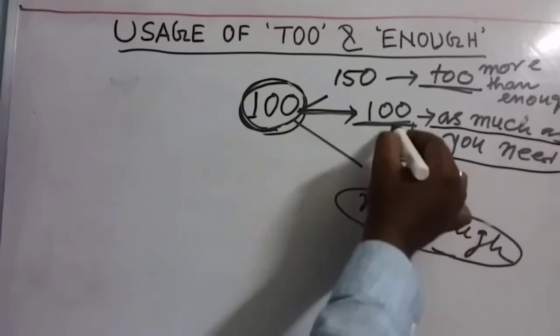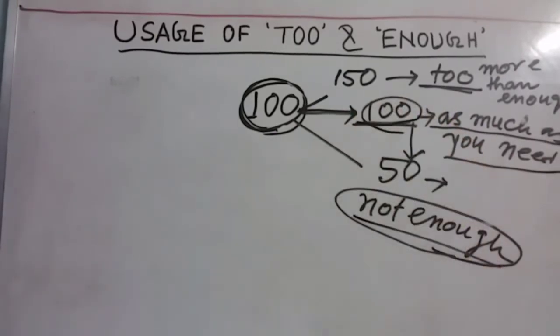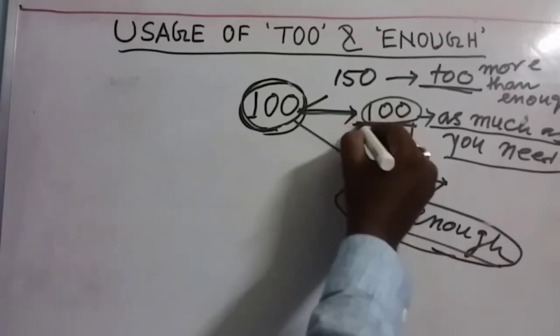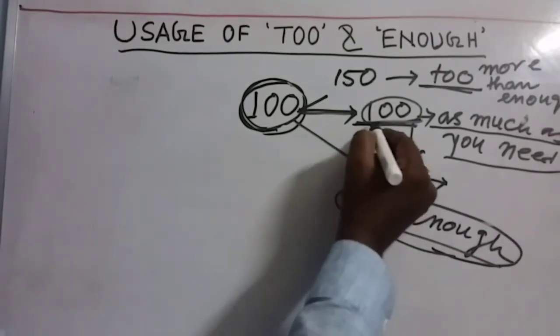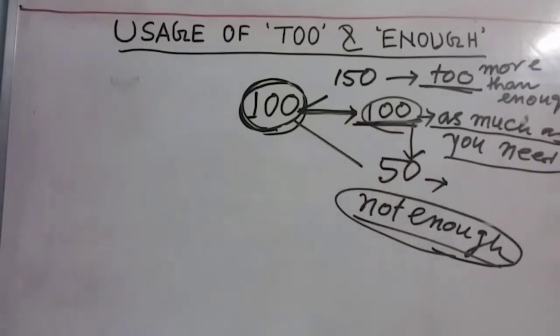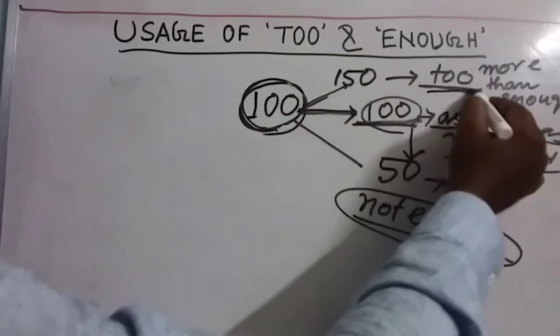And less than this amount is not enough, that means not sufficient for you. And this is sufficient. So you can say the synonym of enough is sufficient. And more than enough is too.